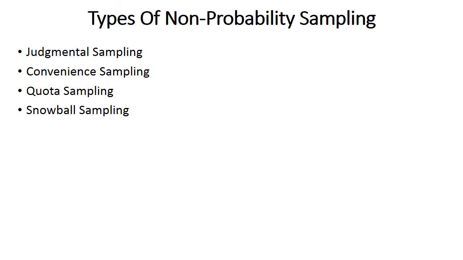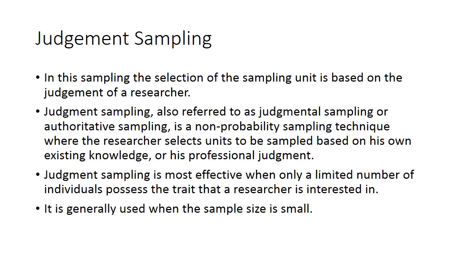Now, coming on to different types of non-probability sampling, the first one is judgmental sampling. In judgment sampling, the selection of the sampling unit is based on the judgment of the researcher. In some cases, researchers believe that they will be able to select a more representative sample by using their judgment, which will be time and cost efficient and more accurate than simple random sampling.